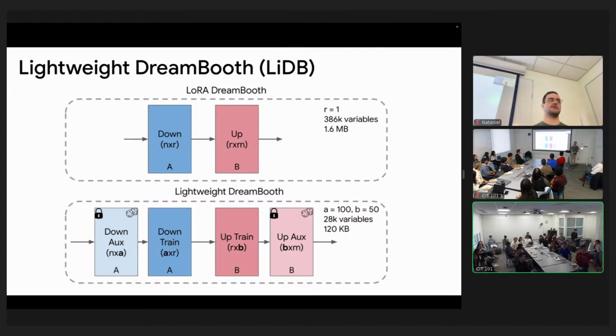So it's crazy. In that huge space of possible weights for your model, there are probably thousands or a ton of local minima that can represent your subject.